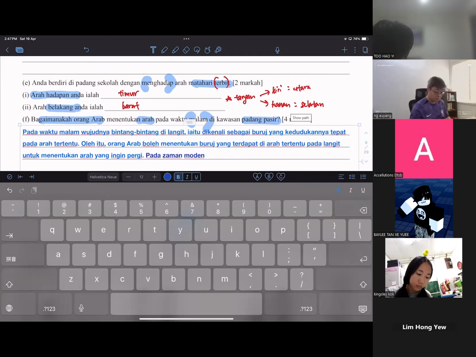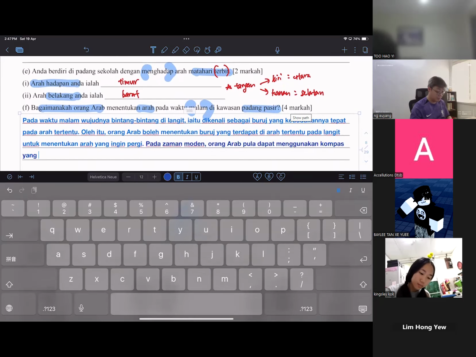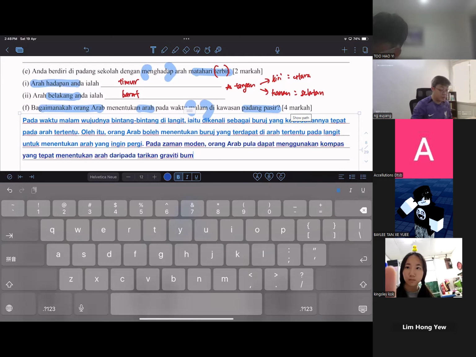Okay, pada zaman modern, which is the recent years, orang Arab pula dapat menggunakan kompas yang tepat menentukan arah daripada tarikan graviti bumi untuk utara. That's it. This is another 2 more marks.